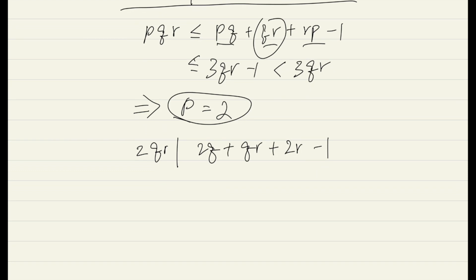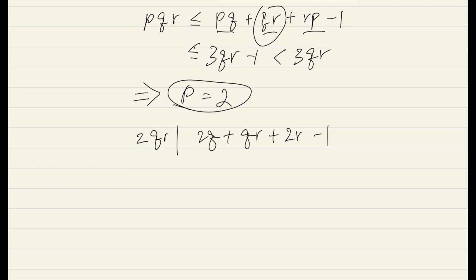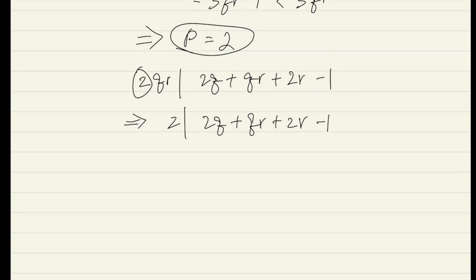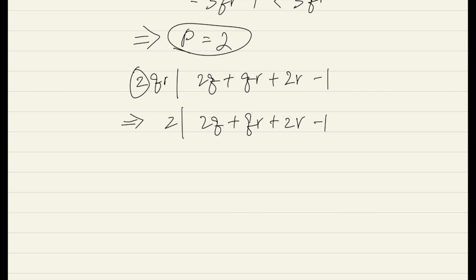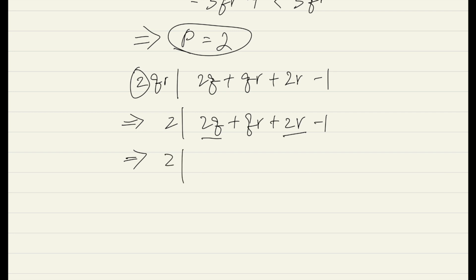If we take just one part, 2, this means 2 divides 2Q plus QR plus 2R minus 1. 2 divides 2Q because it is an even number, and also 2 divides 2R. Therefore 2 divides QR minus 1.